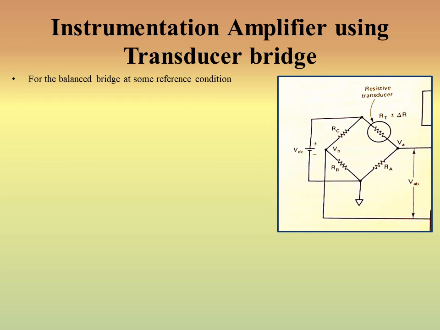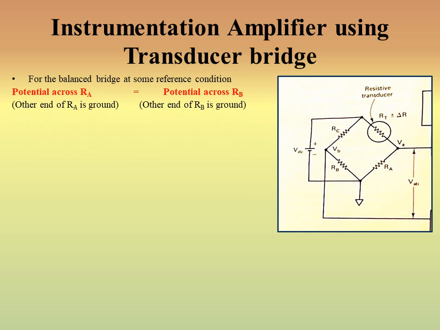So for the balanced bridge at some reference condition, the potential across RA is equal to the potential across RB.